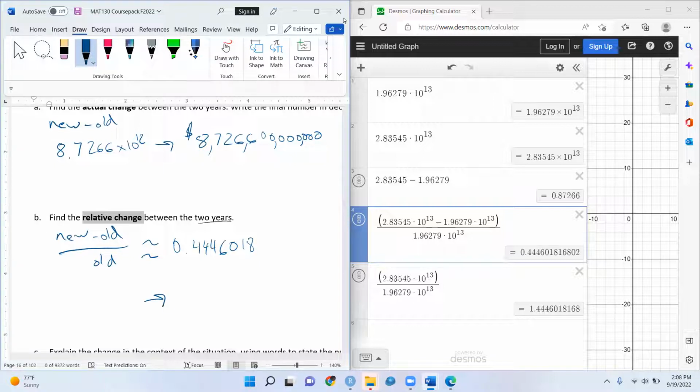By the way, this is not very clear language, right? Between the 2 years, it should really say between 2016 and 2021, which is a 5-year change, right? This is, let's say 44.46%. So do you all notice the connection between these two?